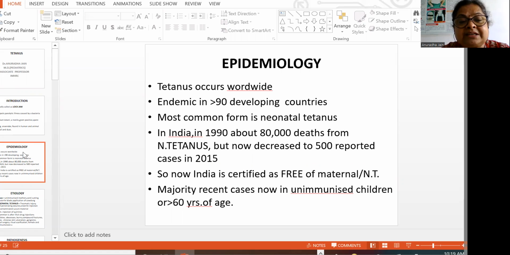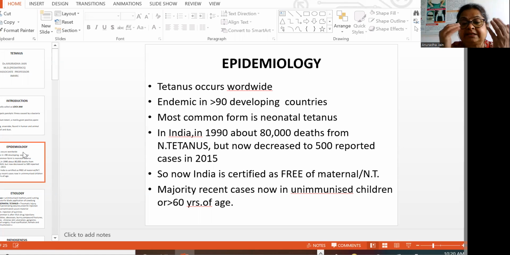Its epidemiology: it used to occur worldwide, and it was endemic in more than 90 developing countries. The most common form is neonatal tetanus. That is why we are teaching you in pediatrics, because this was the most dreadful disease of the neonates. In India, in 1990, there were above 80,000 deaths from neonatal tetanus, but now it has decreased to 500 reported cases in 2015.